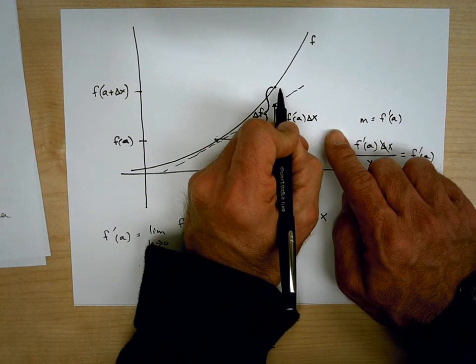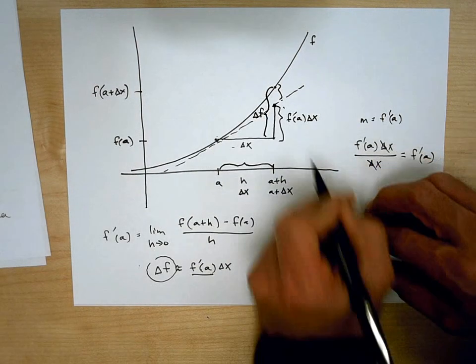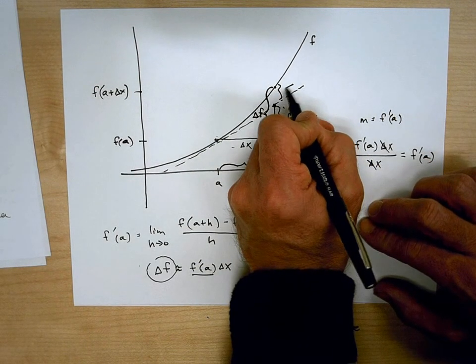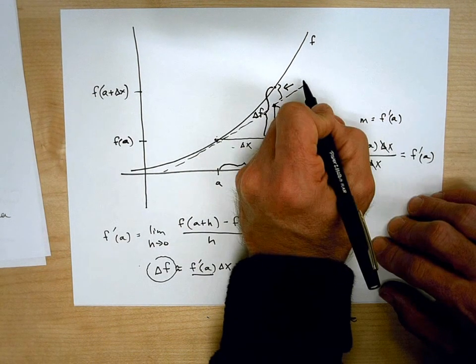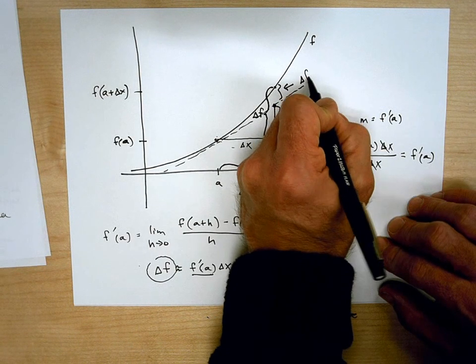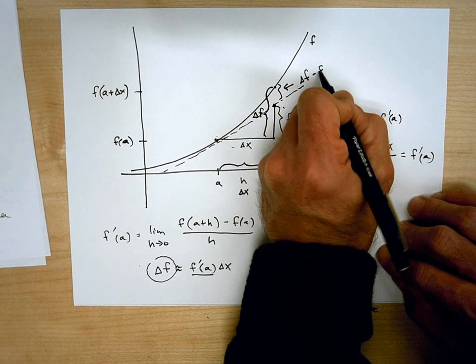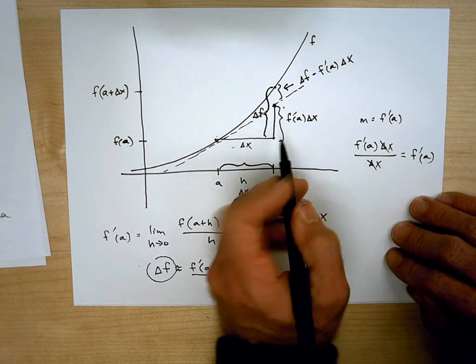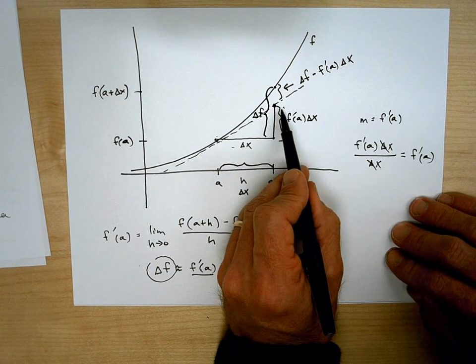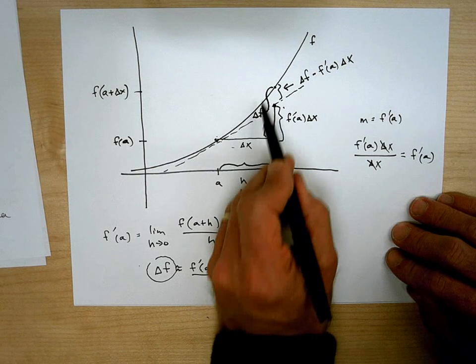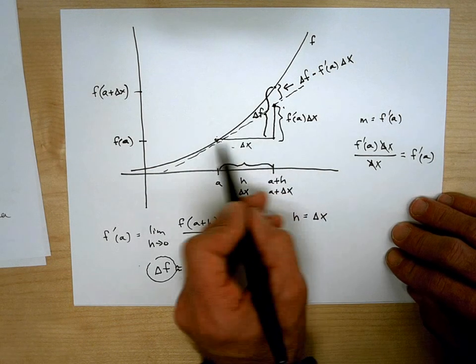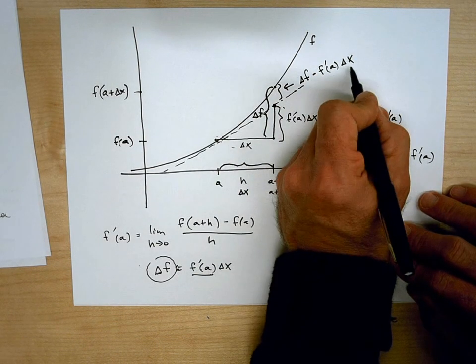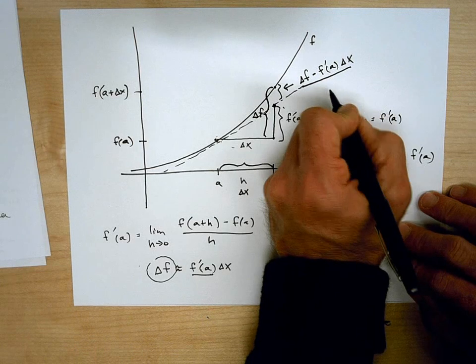Then this piece right here, this difference, is delta f minus f prime of A delta x. It's the difference between our tangent line approximation and the actual change in f due to this change in x. So this term right here is basically our error.